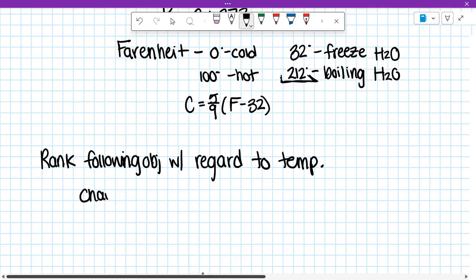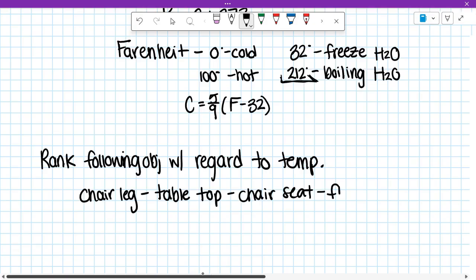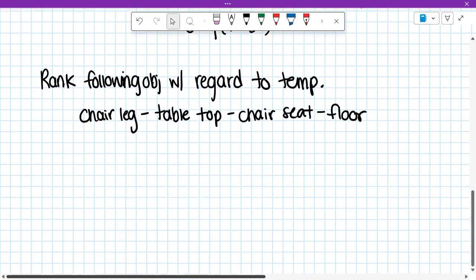So let's do the chair leg, the tabletop, maybe the chair seat, and we'll throw the floor in there. You're going to touch those different objects and rank them regarding temperature. So pause the video here. All right. Now, unpause.